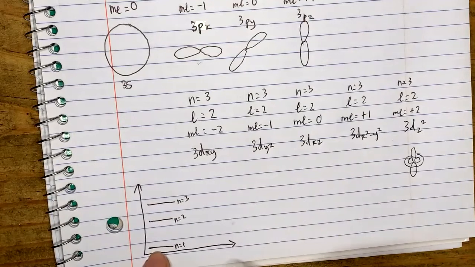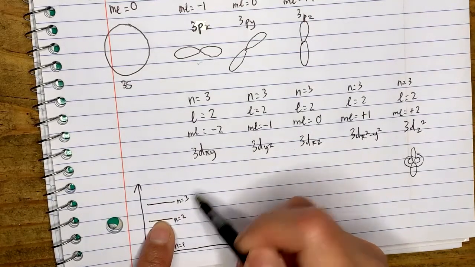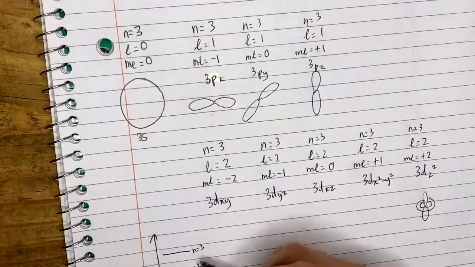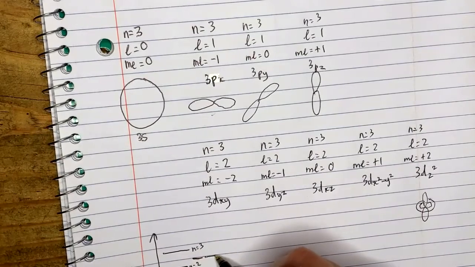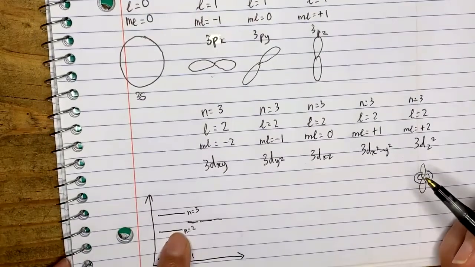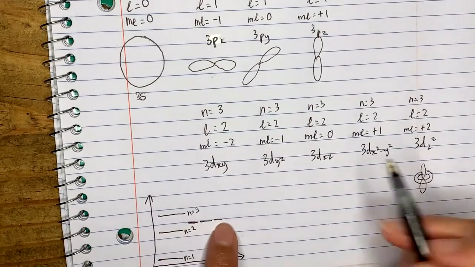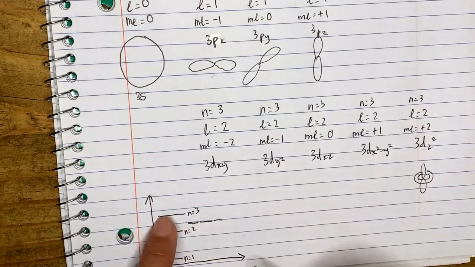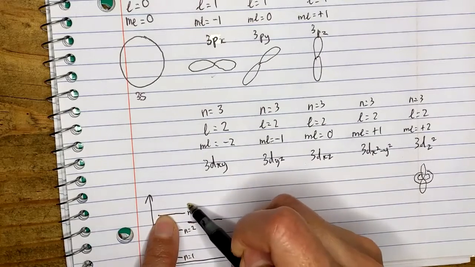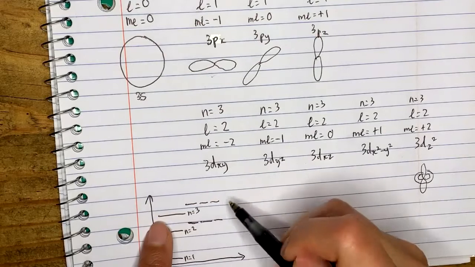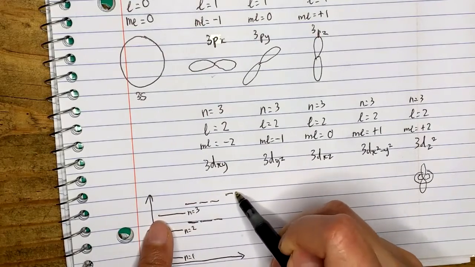And then under 1, we have 1s, and then 2, we have 2s. And then under 2s, we also have 2p. There's 3 kinds. P is a little higher energy than s. So the 2p is going to end up over here. So there's 1s, that's 2s, that's 2p. And then there's 3s. And then there's 3p, and then there's also 3D. 3D is higher than 3P, so it's like right there.